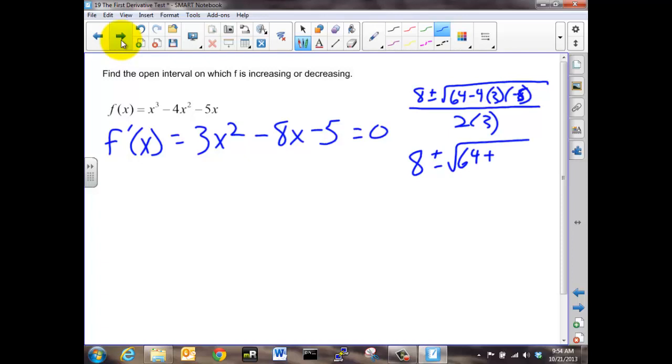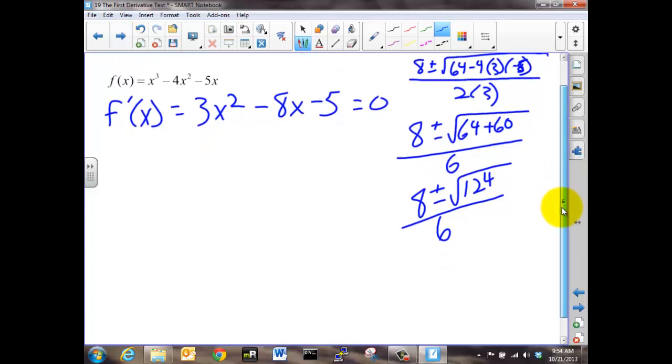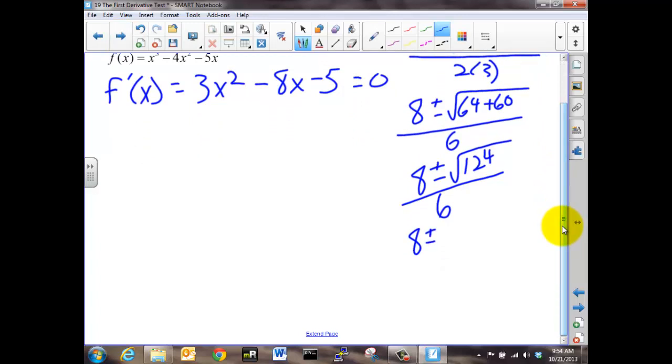Four times 3 is 12. 4 times 5 is 60. Just over 11.